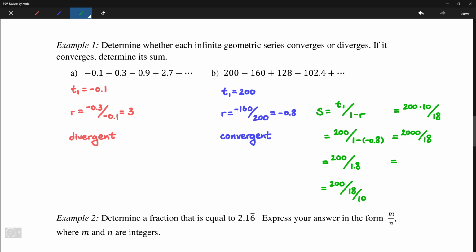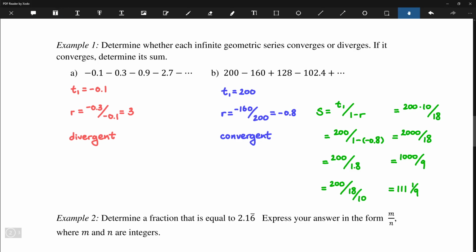We can simplify that to be 1,000 over 9, which of course is the exact value, or we can write this as 111 and a ninth. Okay, so that's what the sum would be for that series.